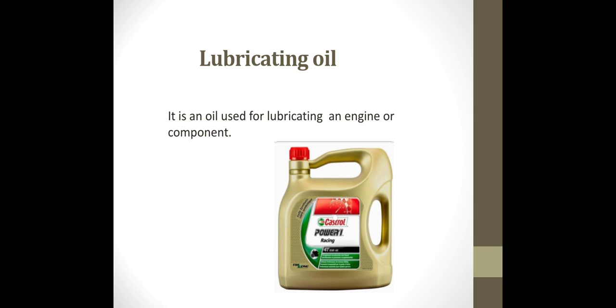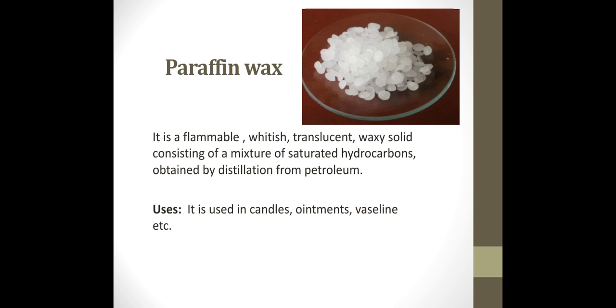So this liquid lubricates the engine of a vehicle. It may be a car, tractor, bus, truck, or maybe motorcycle, anything. This oil is used to lubricate the engine of a vehicle.